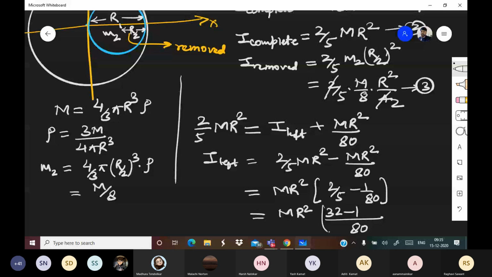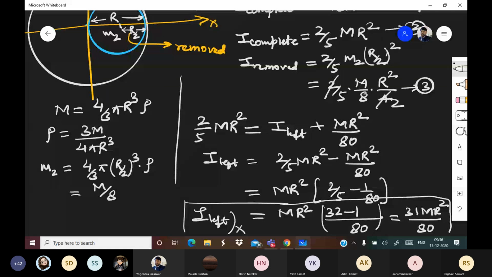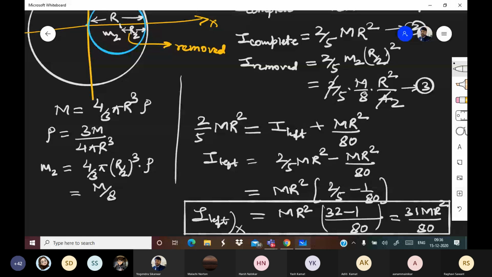So basically that will come out to be 31 M R square by 80. And this is I left. And we are talking about which axis? X axis. So this is the answer. Please note everyone, please note.